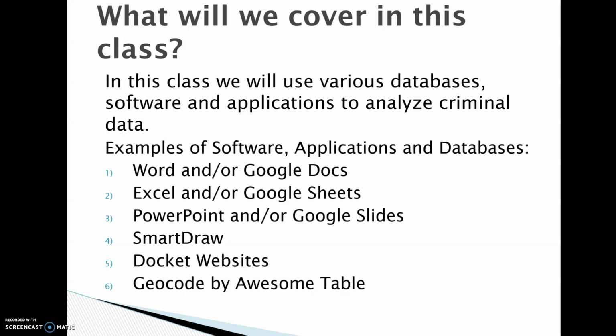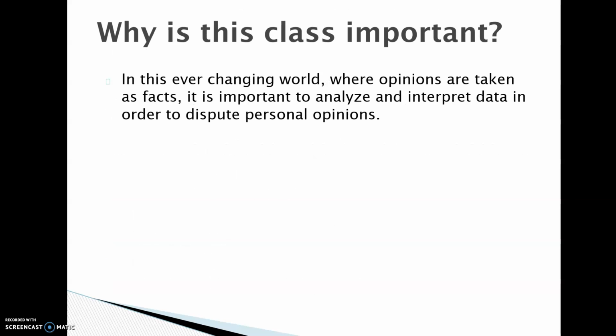We're going to use geocoding software. We're going to map data. We're going to create pie charts. I mean, we're going to do so many great things. And the way that we're going to learn how to use these software applications is through analyzing databases that we have available to us. So all sorts of databases that hold data within them about the criminal justice system.